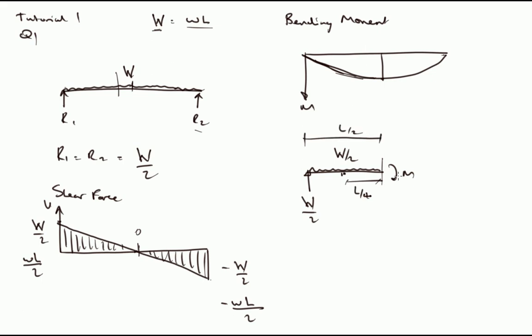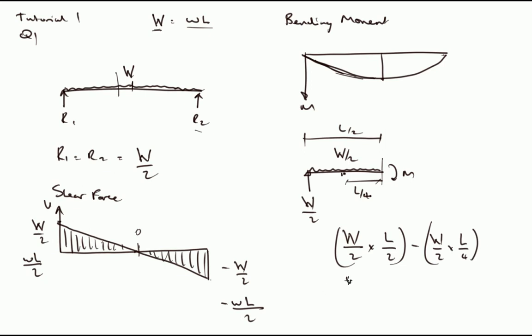Okay, so this moment is made up of a clockwise moment given by this reaction at its lever arm, which is capital W divided by 2 multiplied by its lever arm, which is L divided by 2, and then we subtract the anti-clockwise moment, which is given by the UDL itself, which is W divided by 2, multiplied by its average lever arm, which is L divided by 4.